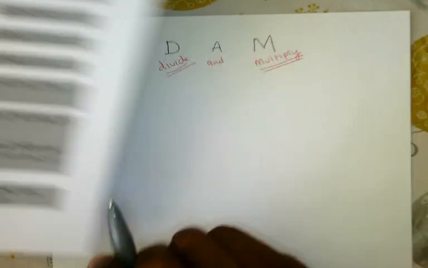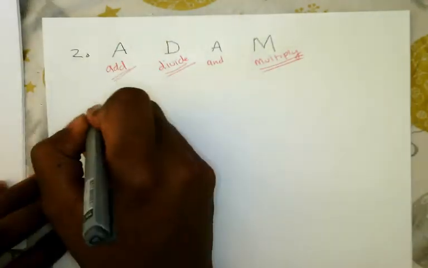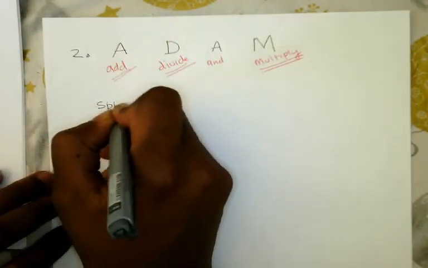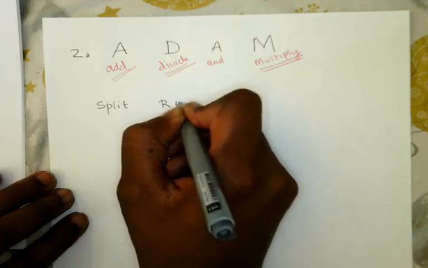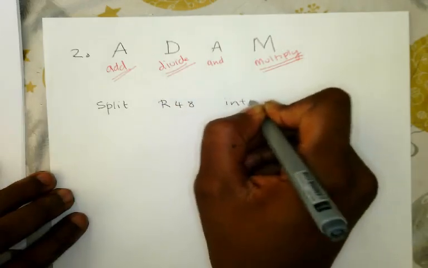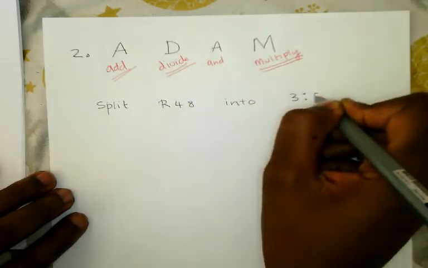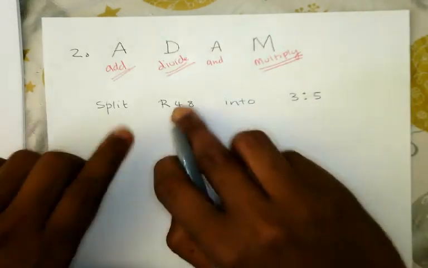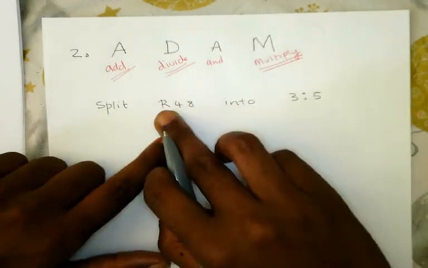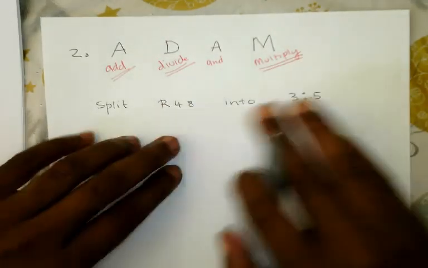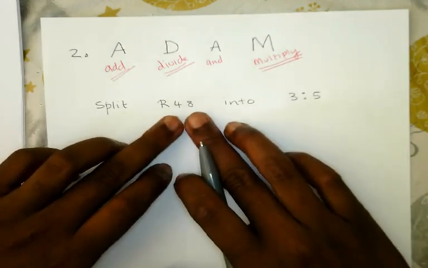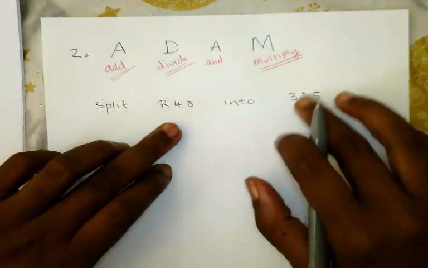Let me write it here: split 48 into 3:5. Let's say this is money, 48 rands, and these are 2 people. You need to divide this money according to this ratio for 2 people.